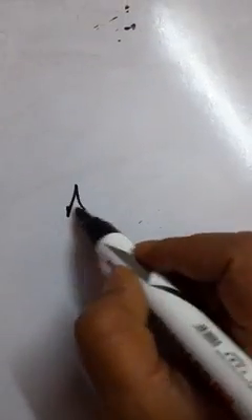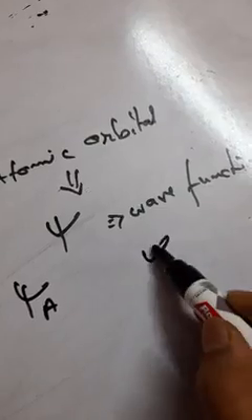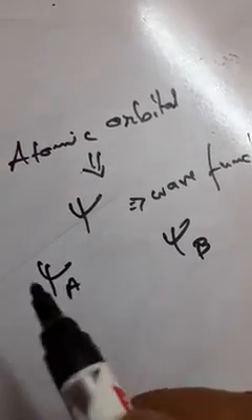So now, let an atomic orbital be represented as psi. Psi is called the wave function. Now suppose one atomic orbital is psi A, and another atomic orbital is psi B. When they overlap in the same phase, at that time we will get bonding molecular orbital.